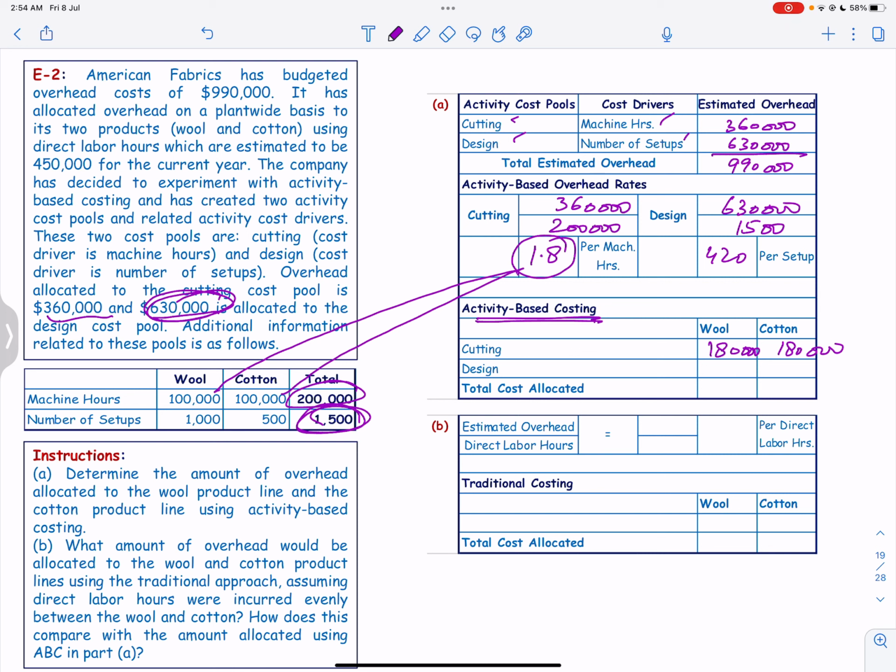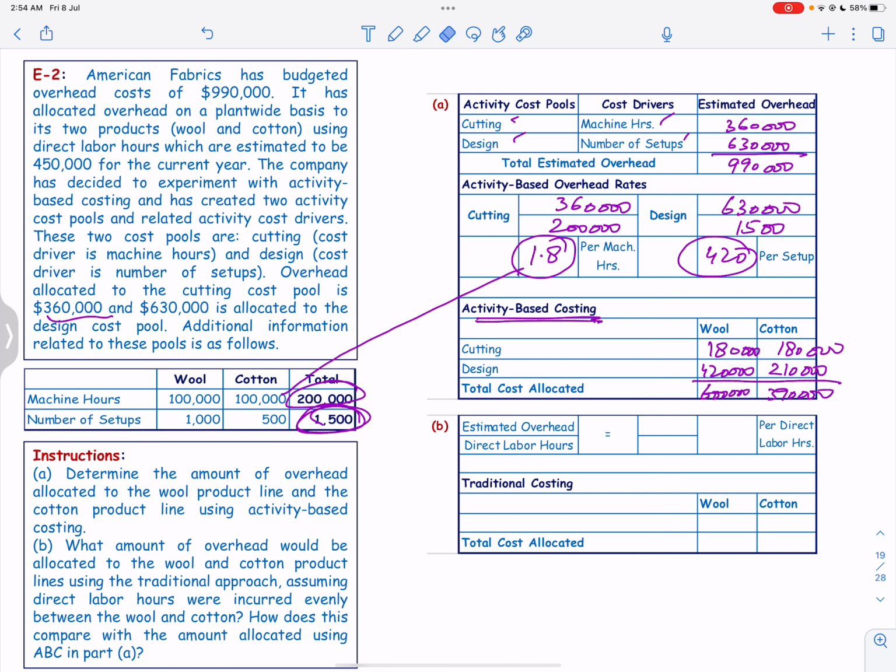For designing the rate is 420, and the setups for wool is 1000, so that is 420,000. And for cotton it is 420 times 500, so that is equal to 210,000. So the total cost allocated will be 600,000 and 390,000.